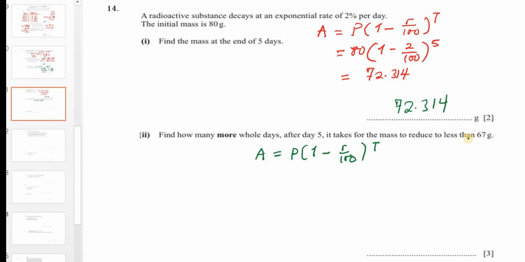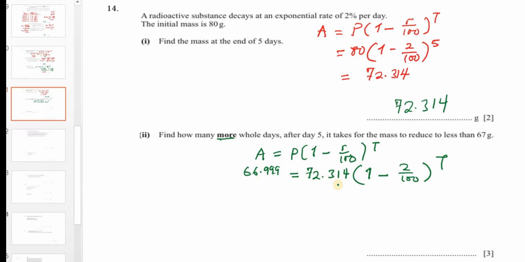But if the amount must be less than 67, I can write the amount as 66.999, which is less than 67, equal to, since we want how many more days, the principal here, the initial amount, is the answer we got, 72.314, times 1 minus 2% reduction, raised to t.